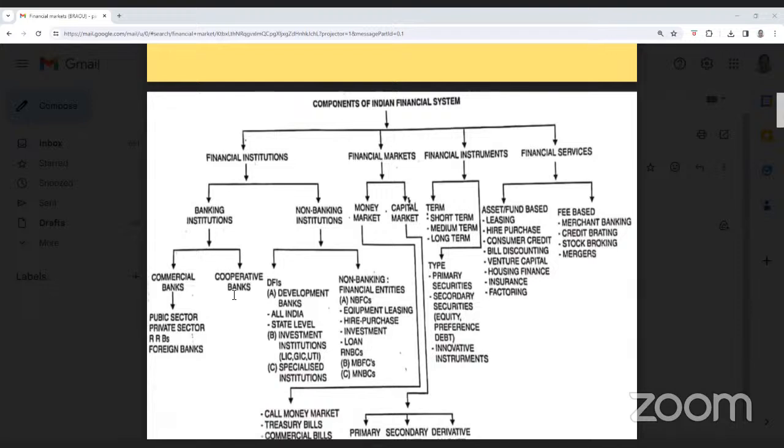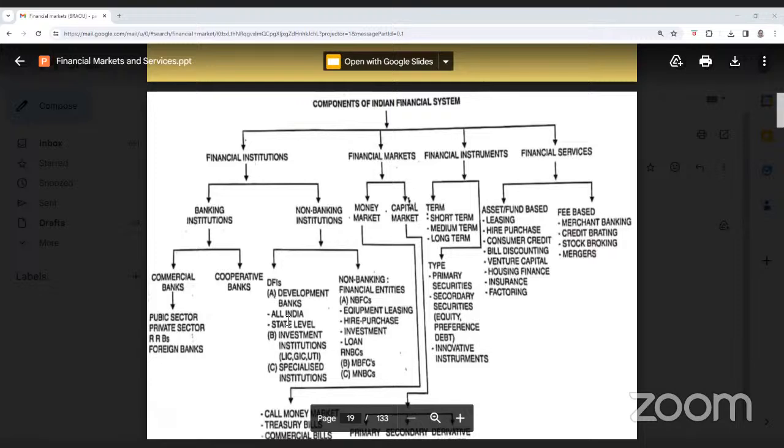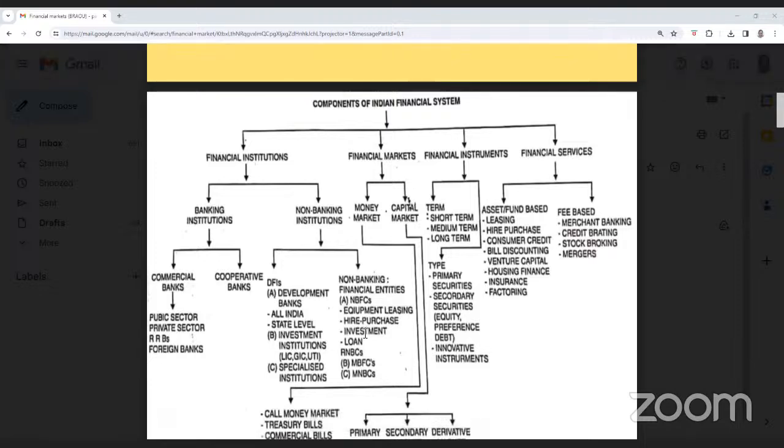These cooperative banks are only for the villagers. The next is non-banking institutions, DFIs, that is development banks, at the all-India and state level.